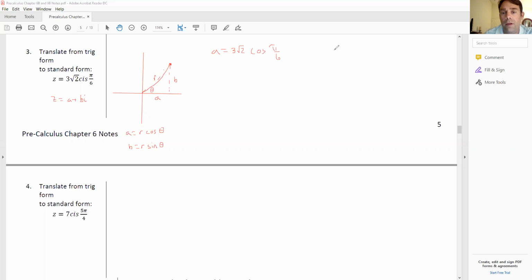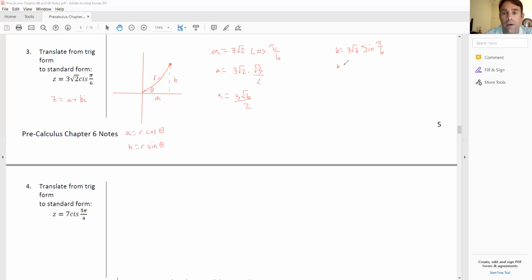And B would be 3√2 times sine of pi over 6. So we evaluate our trig expression real quickly. 3√2 times cosine of pi over 6, that's going to be √3 over 2. So A is going to be 3√6 over 2.